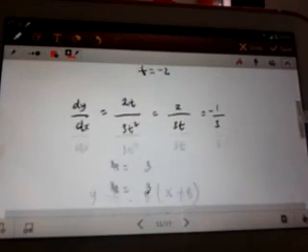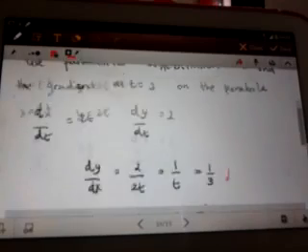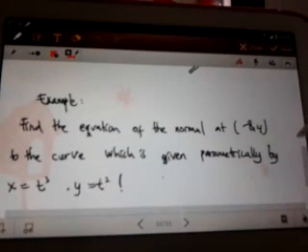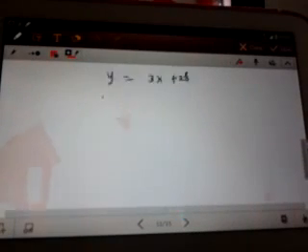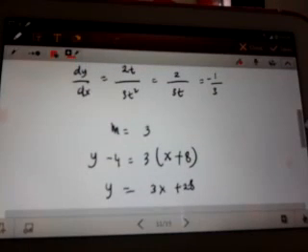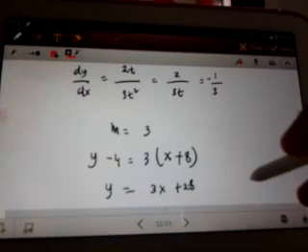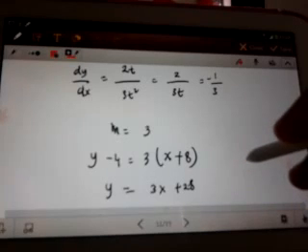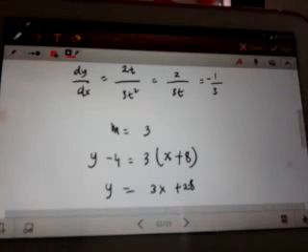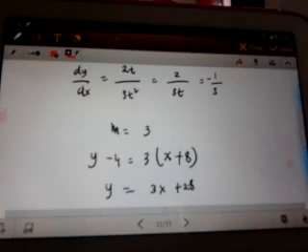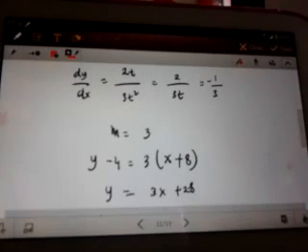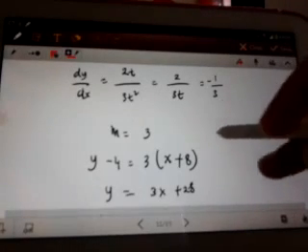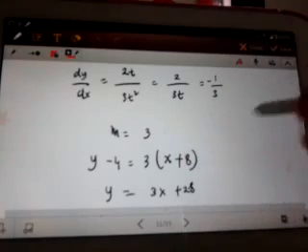But you're asked about the normal equation. The normal line is perpendicular to the tangent, so the gradient of the normal will be 3.